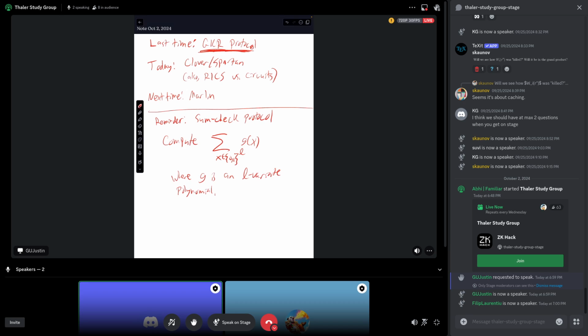Basically, the GKR protocol applies the sum check protocol once per layer of the circuit, starting at the output and working one layer at a time towards the input. And so eventually the prover is forced to make a claim about the input alone, and the verifier can directly check that claim in linear time, basically just reading the input, and that's about it.